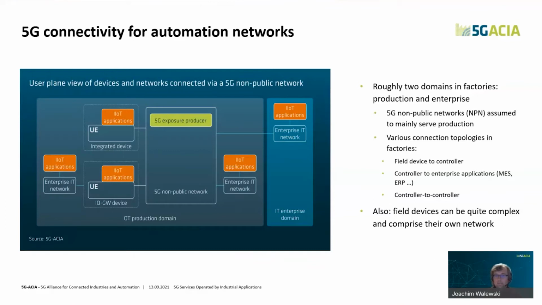Also, the devices themselves have their own network, so applications don't necessarily sit directly on the user equipment itself. So how does this help us understand where the study is coming from?